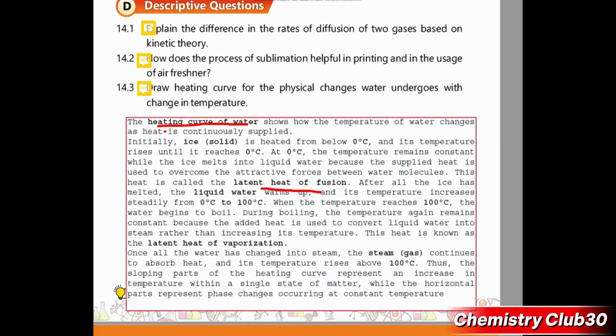This heat is known as latent heat of vaporization. Once all the water has changed into steam, the steam continues to absorb heat and its temperature rises above 100 degrees Celsius. The sloping parts of the heating curve represent an increase in temperature within a single state of matter, while horizontal parts represent phase change occurring at constant temperature.